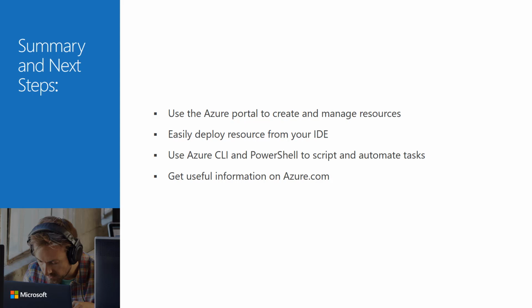We also deployed a web app from Visual Studio and saw the tools and integration that we have for Azure inside the integrated development environment. We used scripting tools such as the Azure command line interface and Azure PowerShell to automate tasks such as creating a new web app so we can deploy it from GitHub. We also talked about growing your solution and how you can find useful resources on Azure.com for both support, architecture, and more.